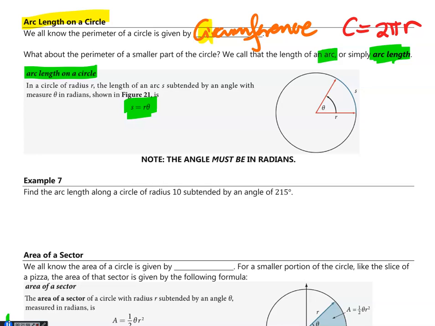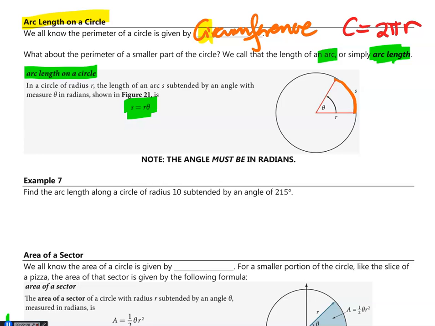So arc length on a circle is this part here, that small portion. And again, it only works when theta is in radians.